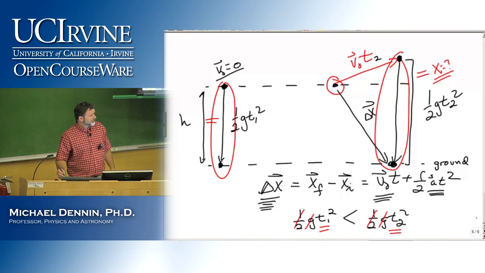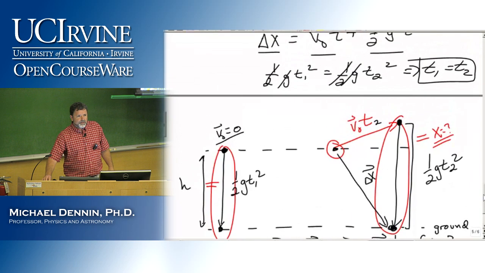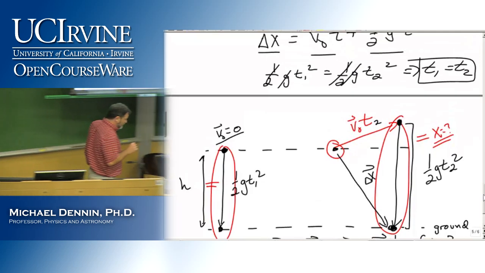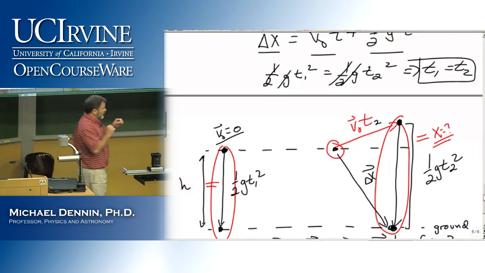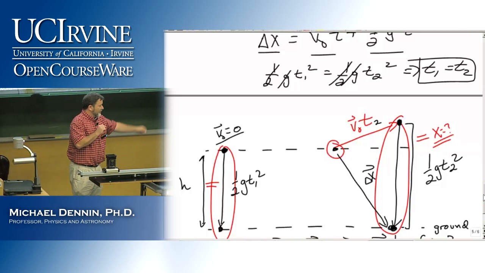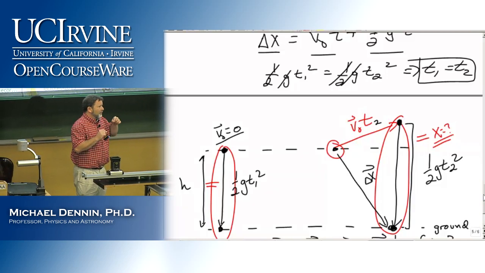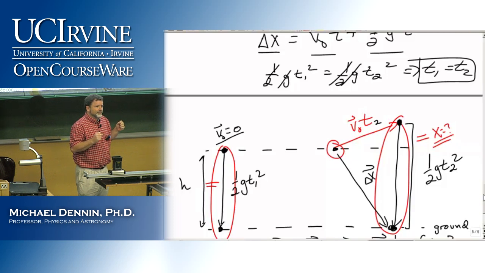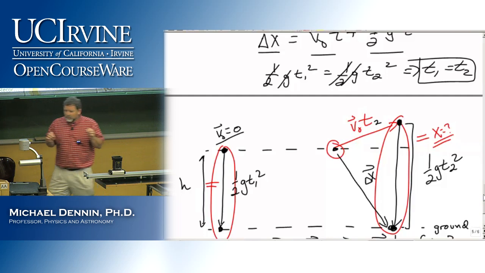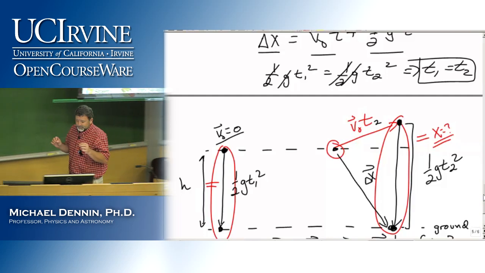Yes? So we're assuming we can't shoot anything horizontally fast enough to achieve orbit? Well, that's an interesting question. If you shoot it fast enough horizontally so that it goes into orbit, then the assumption that they hit at the same time relied on the ground not curving, right?